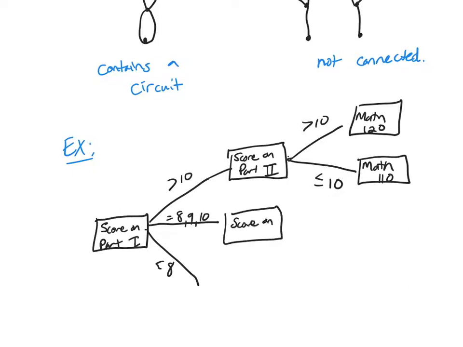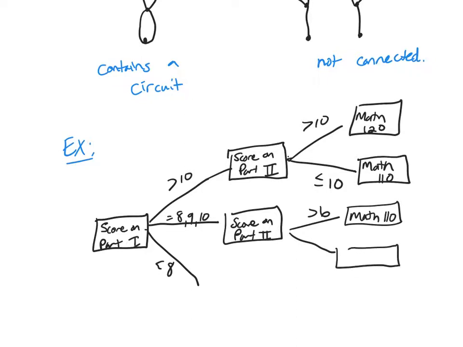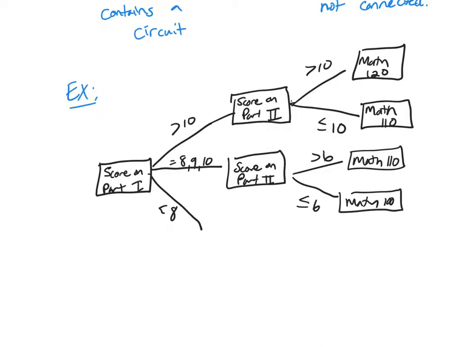Score on part 2. If their score was greater than 6, they get placed in Math 110. If their score was less than or equal to 6, they get placed in Math 100. And down here, it didn't matter what they scored on part 2. They get placed in Math 100.